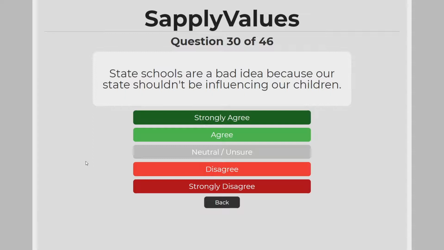And if you just have state school systems, it would skew their state history in one way, and it would skew everything according to that state. So I don't know if state schools are a bad idea. I think I would disagree that they're a bad idea, because both could be good ideas if implemented correctly. So I guess I would disagree with this.